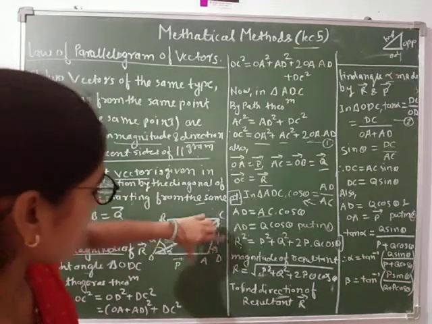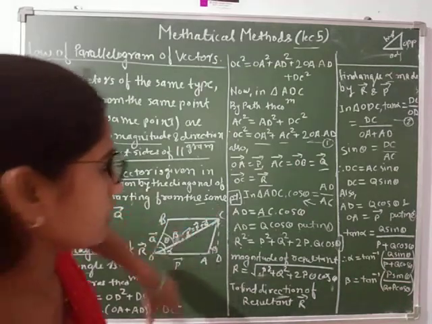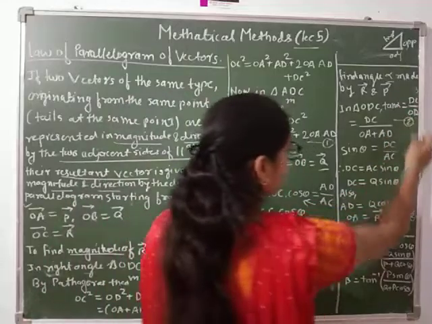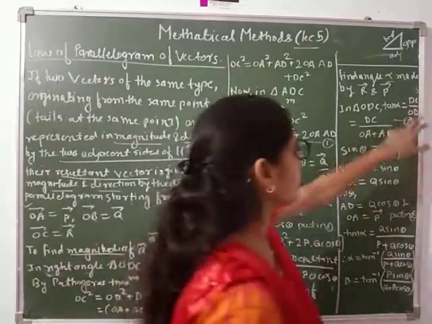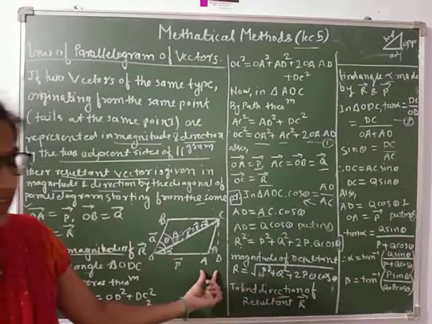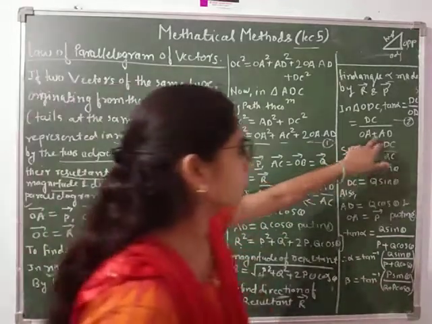DC is the opposite side and OD is the adjacent side, so it is opposite upon adjacent side. Again OD is equal to OA plus AD.